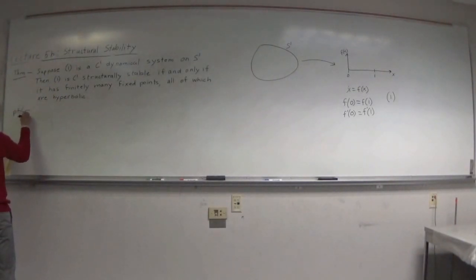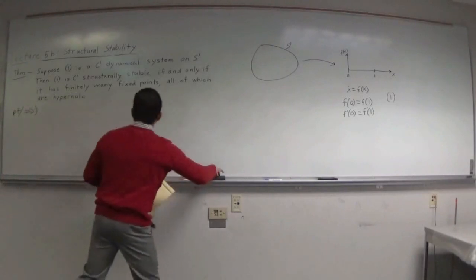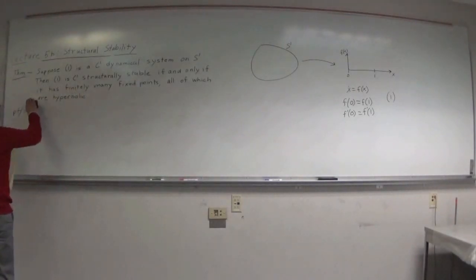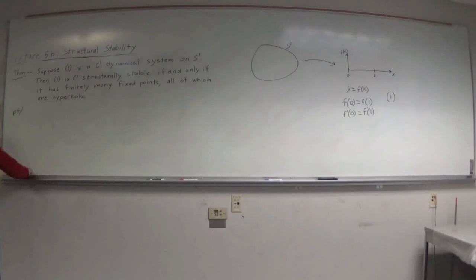So proof, and then we're going to go, so this means that we are assuming that, so we want to go backwards actually. So we want to say that it has finitely many fixed points. So we actually want to go this way. So we want to assume that our system has finitely many hyperbolic fixed points. And then we're going to show that it's structurally stable.